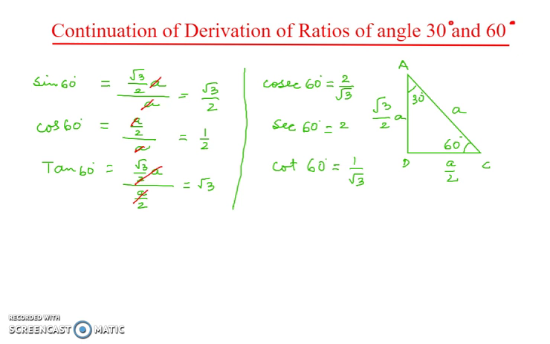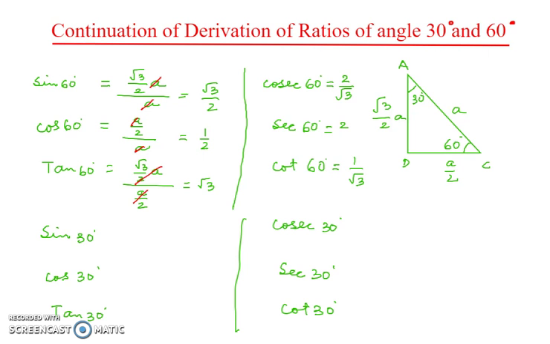Now if you want to write for 30°, you have to consider the angle A. So we will write sine of 30°, then cos of 30°, then we will write for tan of 30°. Okay, then we will write for the reciprocals of these, that is cosec of 30°, and then secant of 30°, and then cot of 30°.